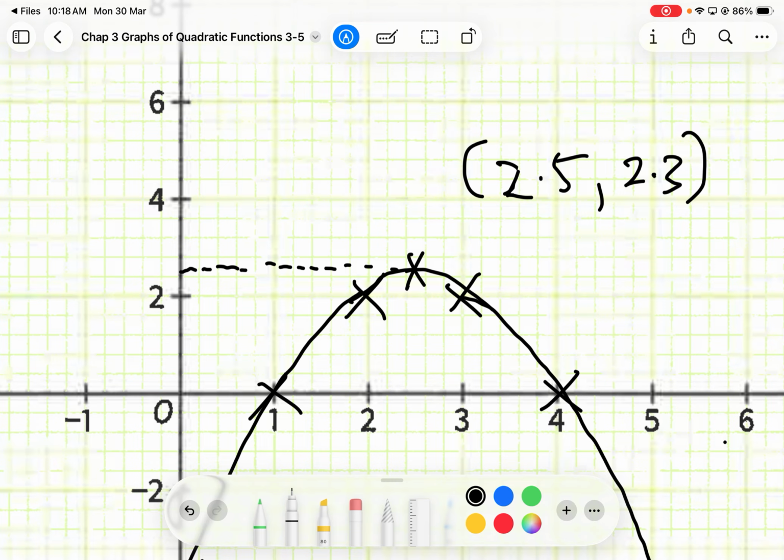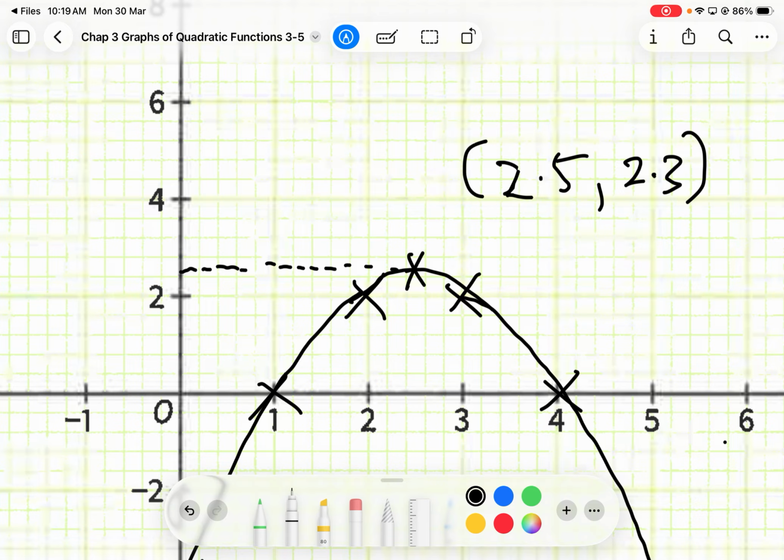But this point will depend on how you draw your curve. If you draw your curve a bit higher, then it may be a bit higher. You must answer according to your own graph. Then you must see your value. What is this value? If yours is 2.3, you answer 2.3.